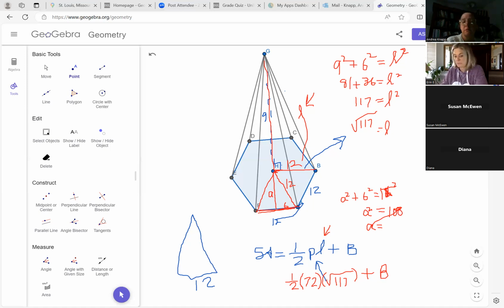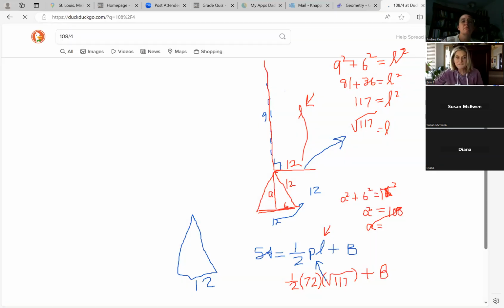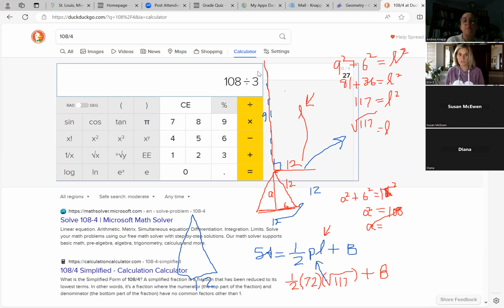Four probably. What about 36? 108 divided by 36 is 3.